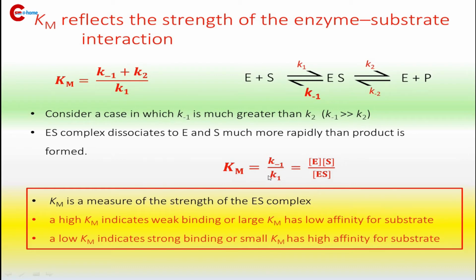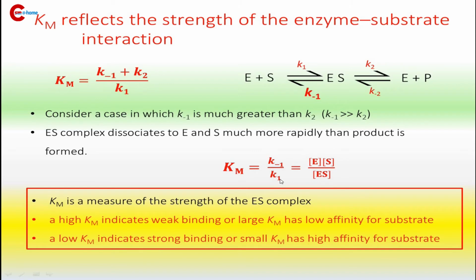So Km is a measure of the strength of the enzyme substrate complex. A high Km indicates weak binding, or we can say a large Km means low affinity for substrate. A low Km indicates strong binding. Otherwise, a small Km means high affinity for substrate.